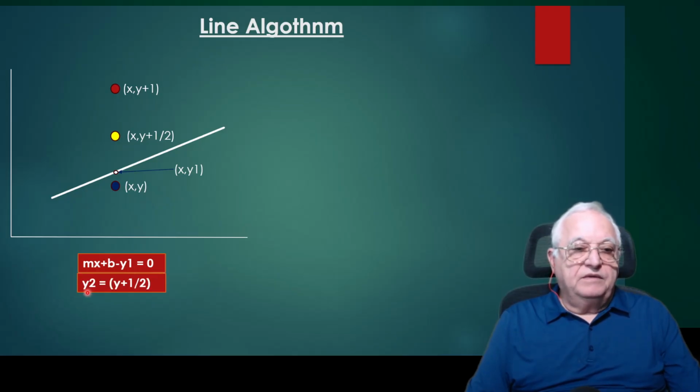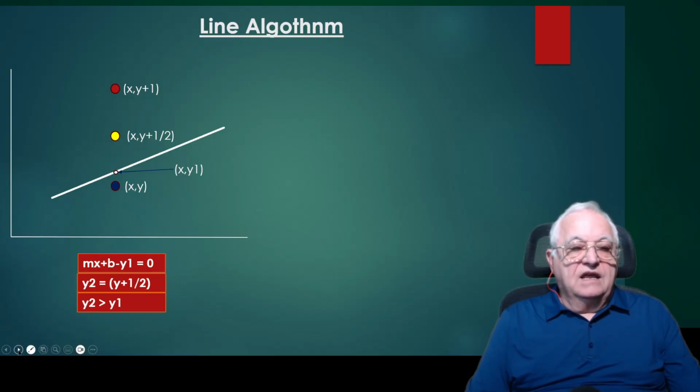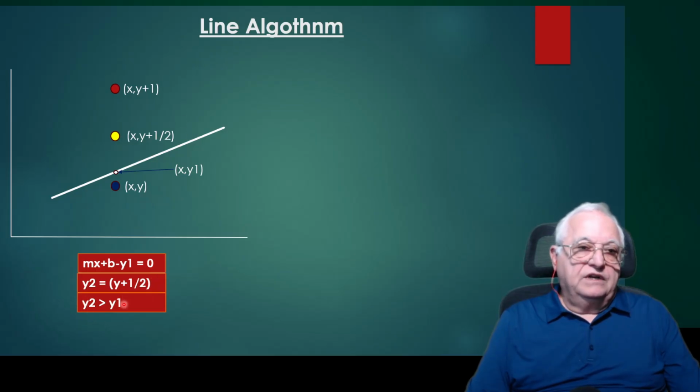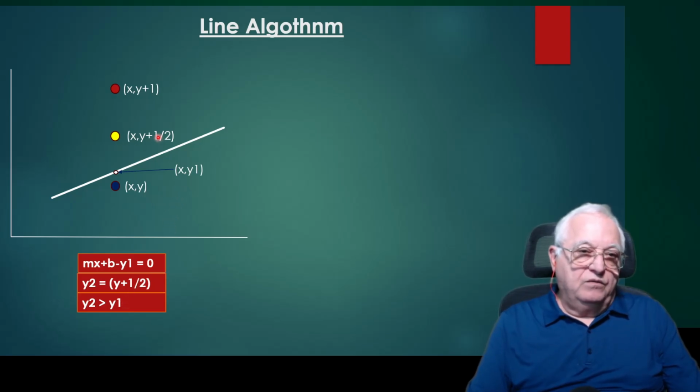If I call a variable y2 and make it equal to y plus 1/2, which is the y coordinate for the yellow dot, from the picture we know that y2 is greater than y1, because y2 is equal to y plus 1/2, which is above y1.